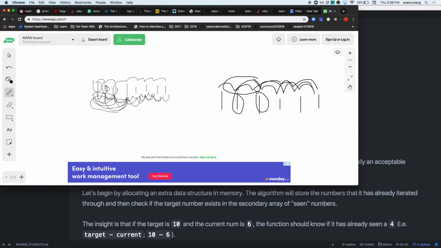So I can go through one time, and by the time I get to the last item in my first iteration, I've checked every single pair already. So we need a solution to store these numbers we've already checked inside an object.